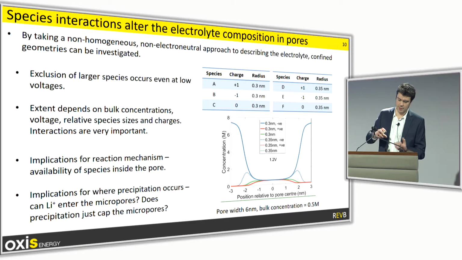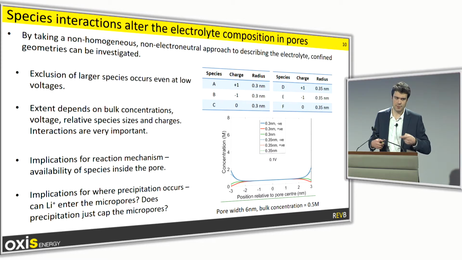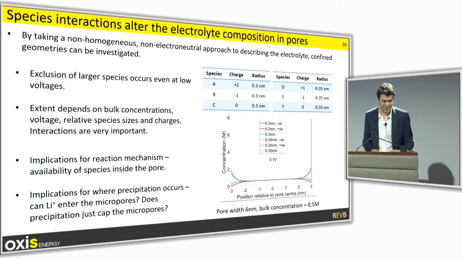So depending on the extent to which species are excluded, it's possible that when your precipitate species forms, rather than nicely coating the inside of the micropore, you end up with plugs forming on either end of the pore. And the difference between these two processes is likely to lead to mechanistic differences in how the pore structure affects the system.